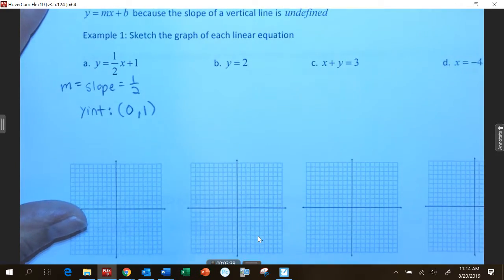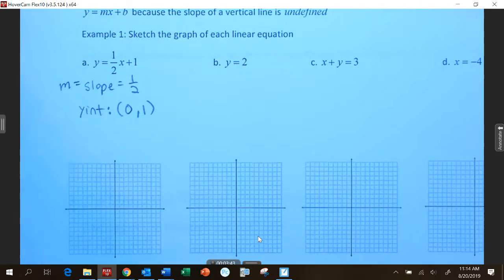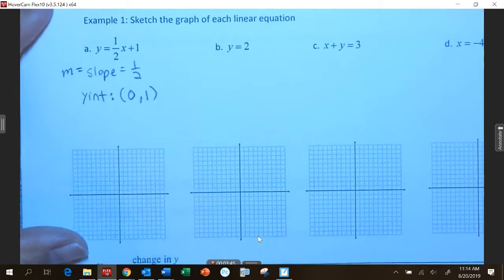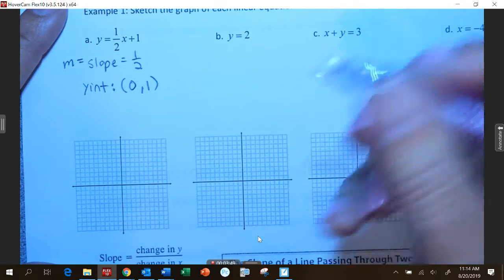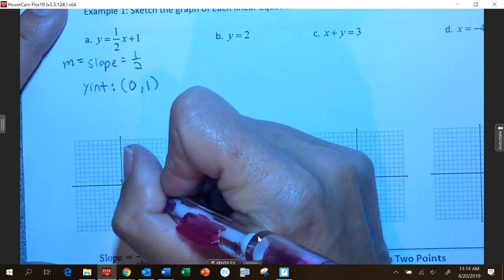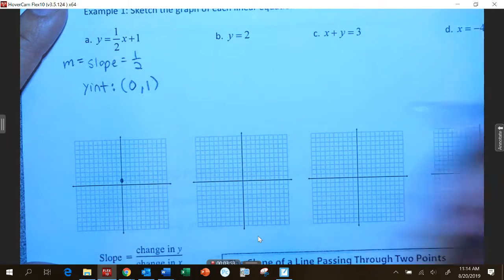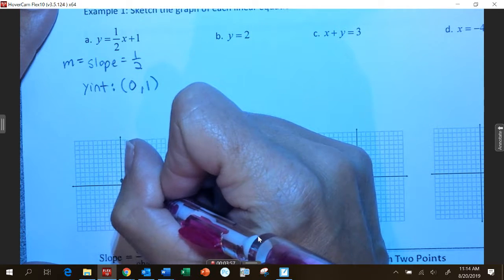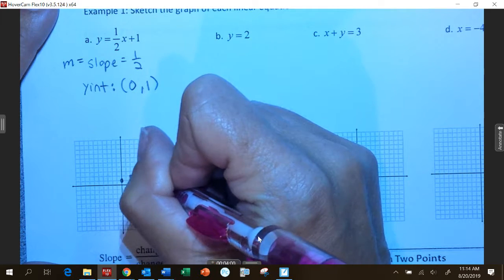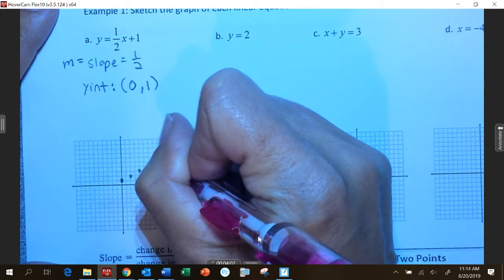Because that is the variable that normally means slope. I abbreviated y-intercept as y-int. So when we go to graph that, we're going to begin at our y-intercept, (0, 1). And then we move with our slope, m: up 1 over 2. And then you continue that pattern, up 1 over 2, up 1 over 2.